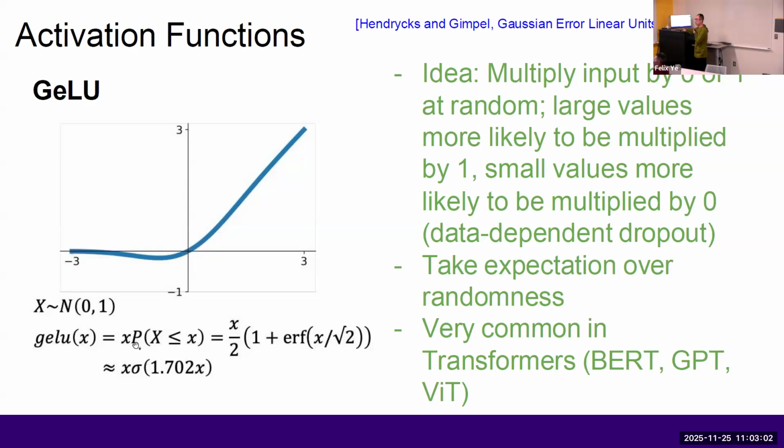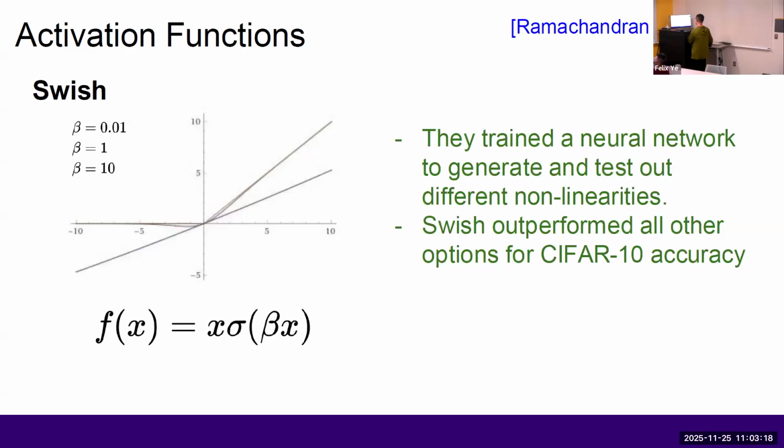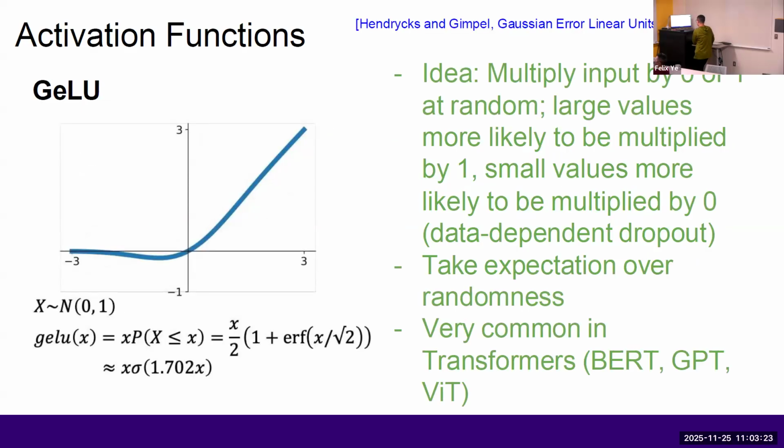Sorry, I mean, x times the probability of the random variable being less than or equal to x. So this will be my GELU. The difference between Swish and GELU is that you can think of choosing beta equal to 1.702. That's the difference.